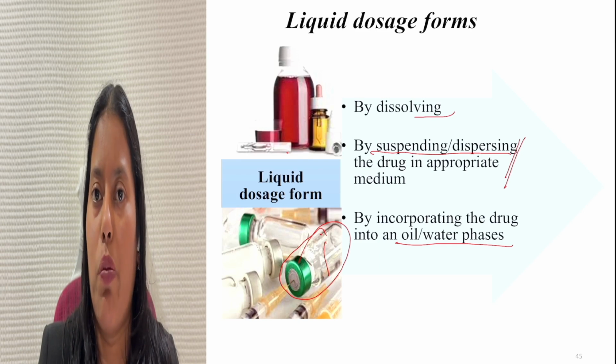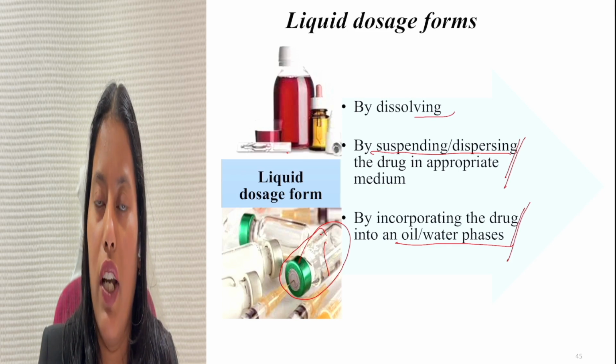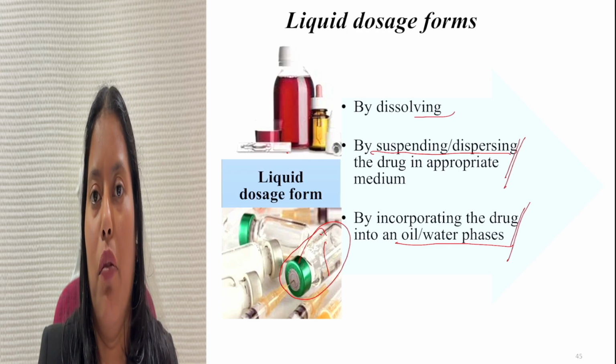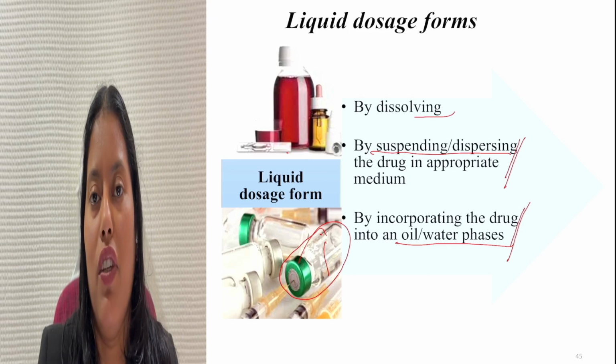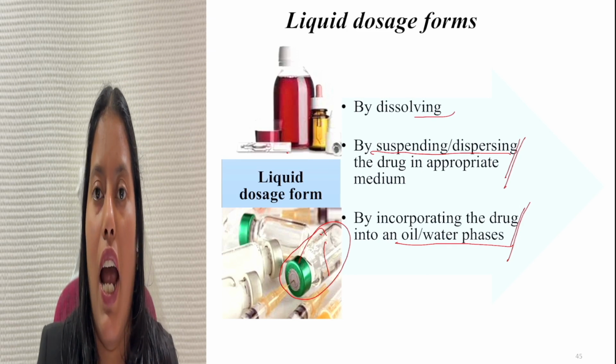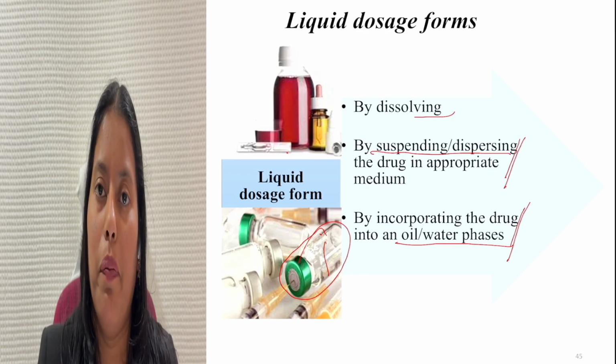Then many oil-based drugs or oils can be formulated as an emulsion, where both aqueous and oily phases are mixed with the help of an emulsifier, and the emulsion-based liquid dosage form can be prepared for the patient.